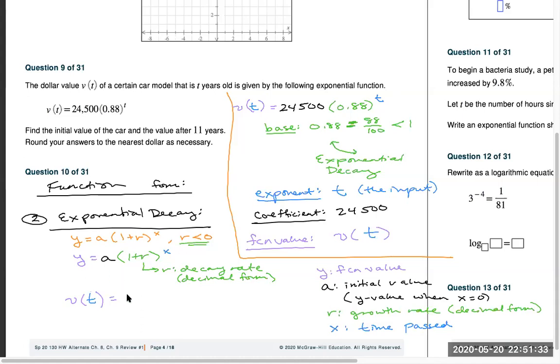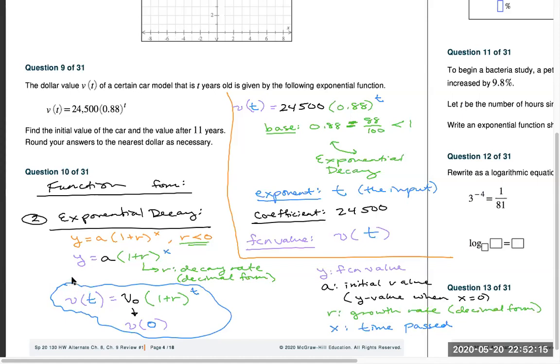You see that your coefficient is going to be noted v sub 0. Okay, what that means is you have your function v evaluated at time 0. Okay, and then you're going to have your rate 1 plus r. And then if you have a t right here, you're going to have a t up here. Okay, so this is like the form that we have right now.